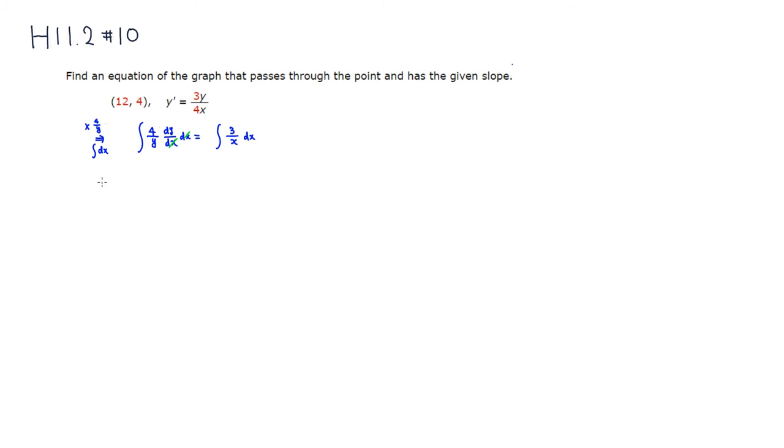So this is going to be equal to, 4 is pulled out, then you have the natural log of the absolute value of y, is equal to, we pull 3 out, and you have the natural log of the absolute value of x plus some constant C. So we got that.